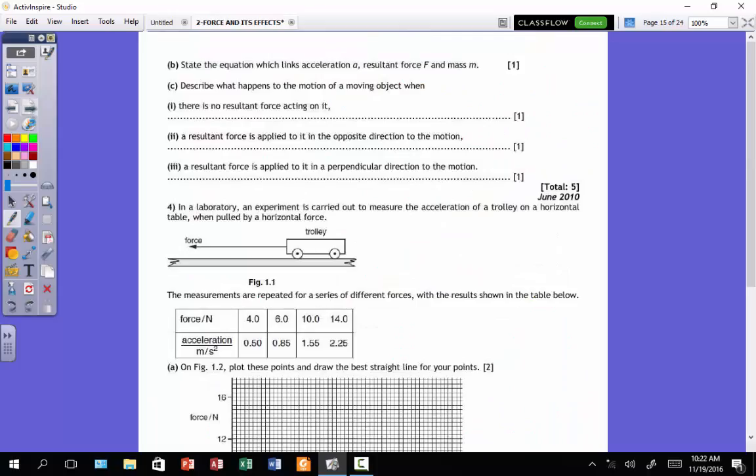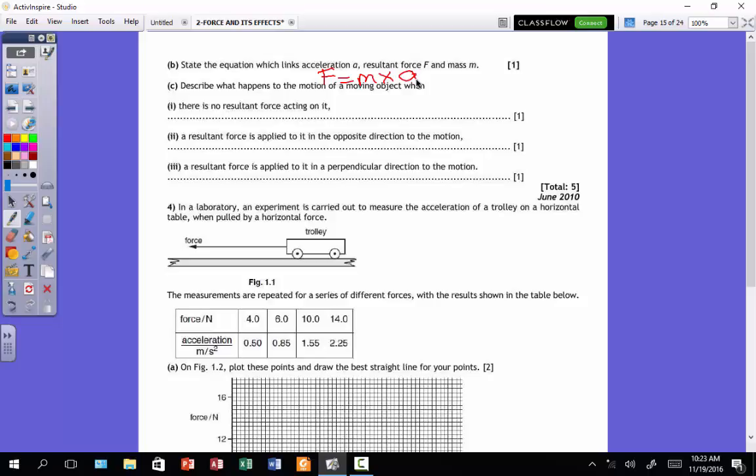Let's look at: state the equation which links acceleration a, resultant force, and mass m. We discussed it in the previous one. F is equal to mass times acceleration. Describe what happens to the motion of an object when there is no resultant force acting on it.